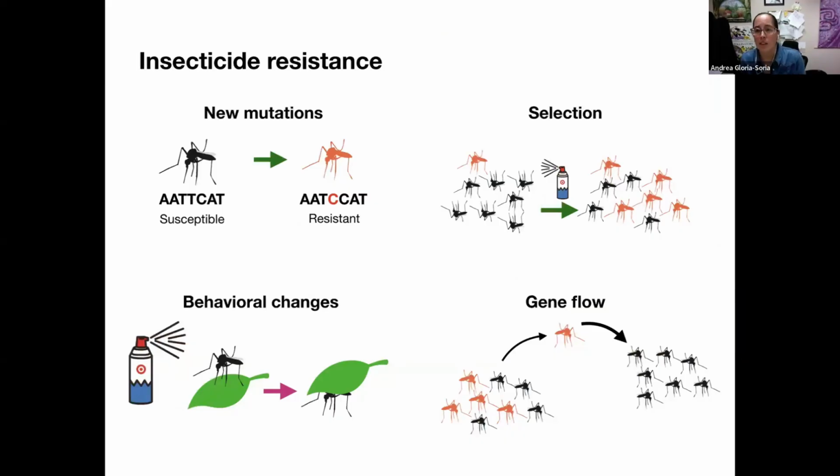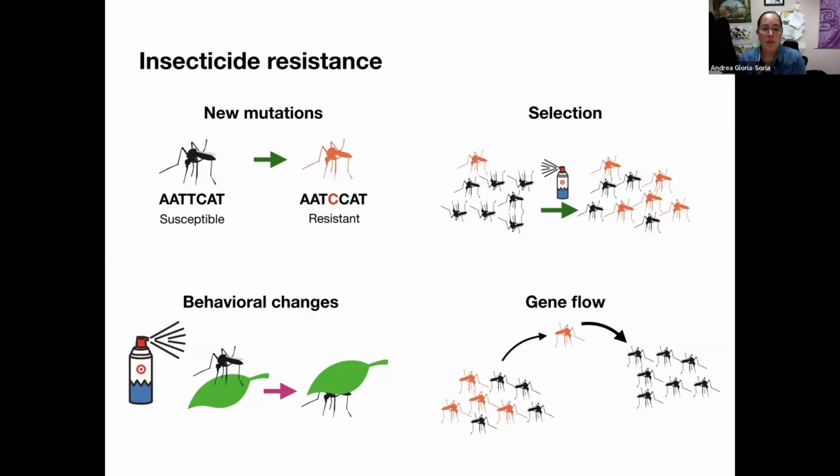Insecticide resistance can arise through the appearance of new mutations in the population that transform an individual from susceptible to resistant. It can increase in the population through selection if the mutations are already there at low frequency, but once the insecticide selection is applied, that mutation would increase in frequency, and therefore the overall levels of resistance in the population would increase.